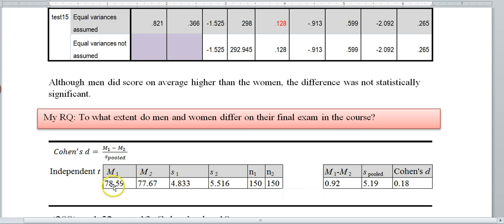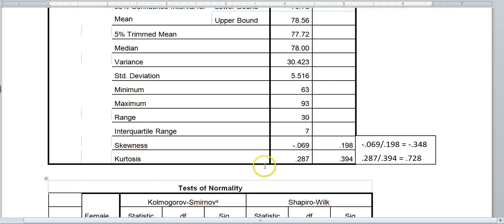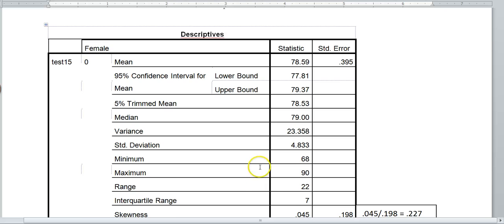There's the mean for the men, the standard deviation for the men, and the sample size for the men. There's the women and the standard deviation for the women and the sample size, which you can all get from your descriptives table.